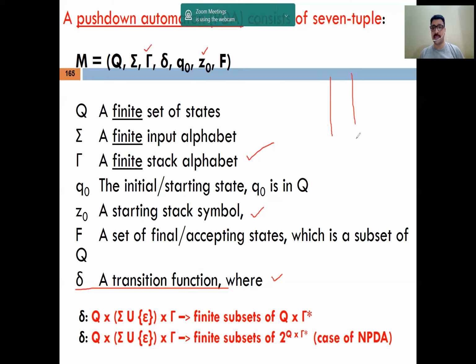It means if we place any symbol into the stack, like A, B, whatever, it is represented by the tau. And another one is the Z0. Z0 is the starting stack symbol. So these are the basic representations of all the tuples.